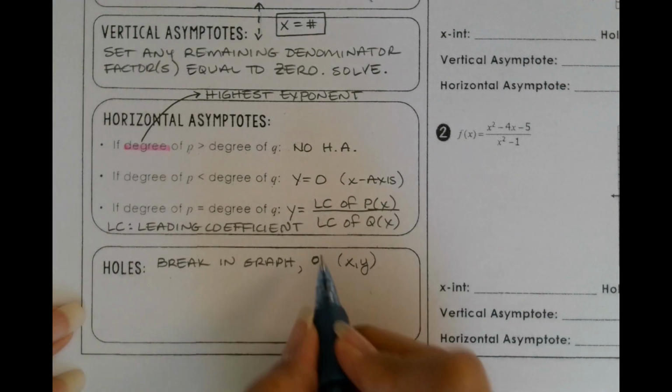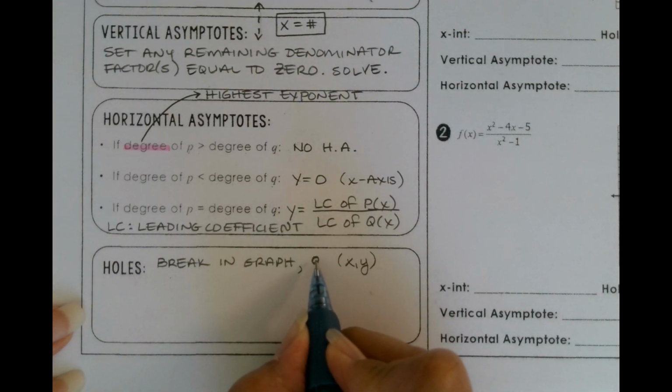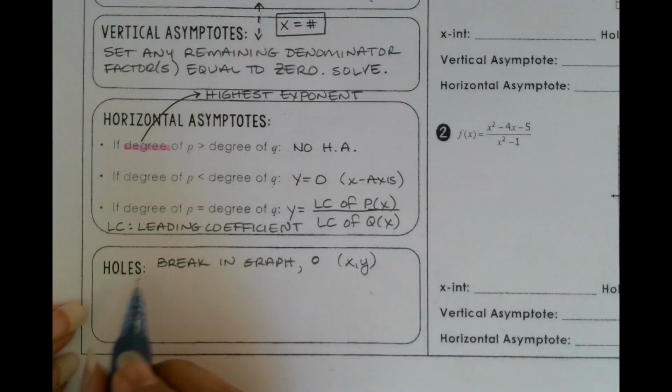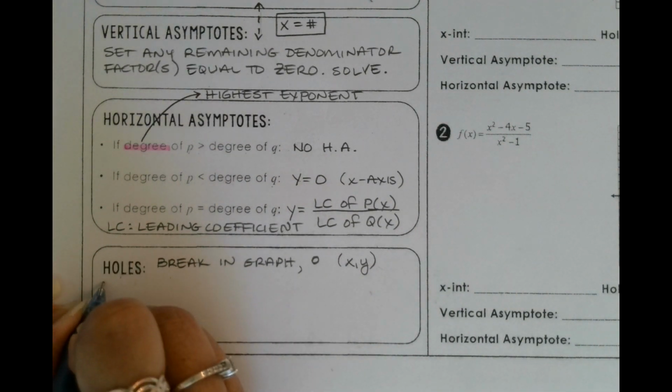We do not fill it in like we do with regular coordinates of a point because this point is not part of the graph. It's not included, okay? So, how do we find holes? Well, the question I need you to ask yourself is the following.